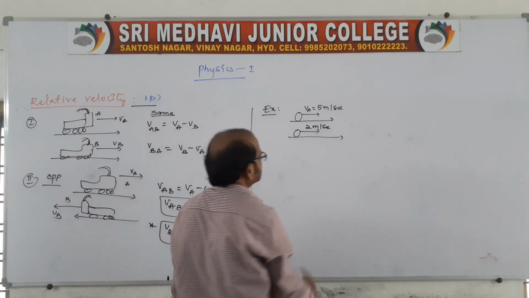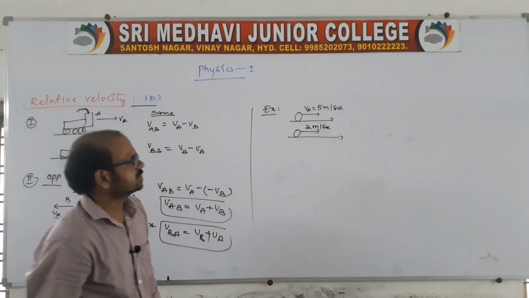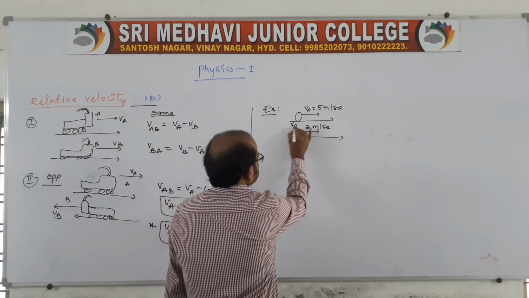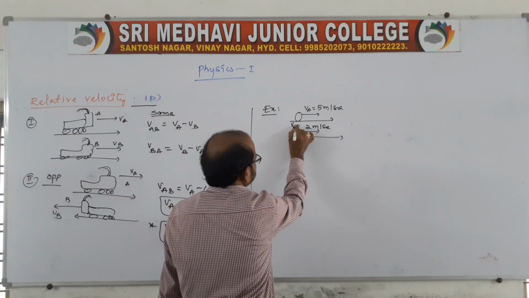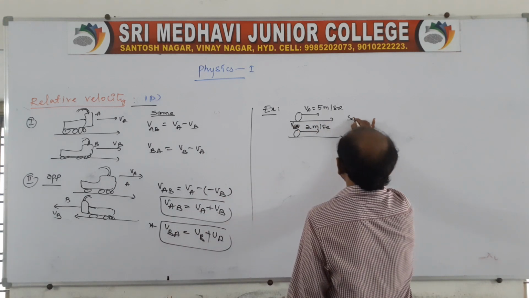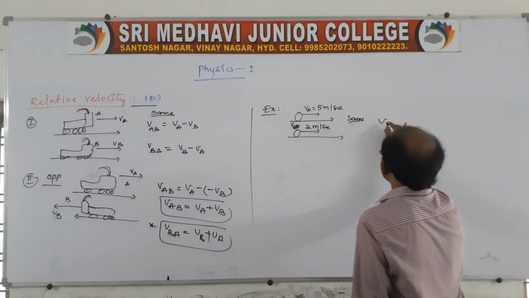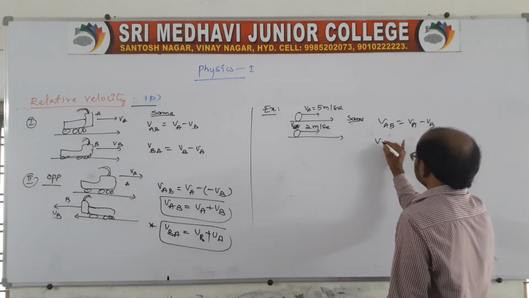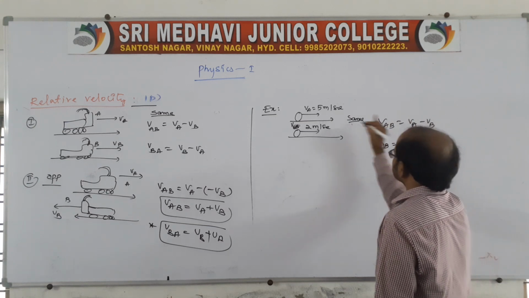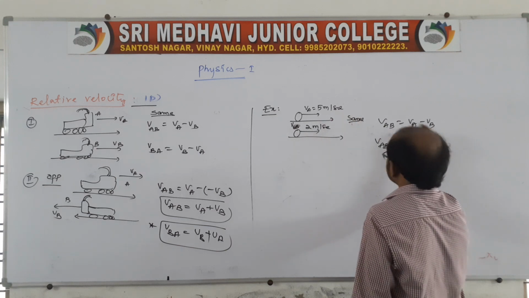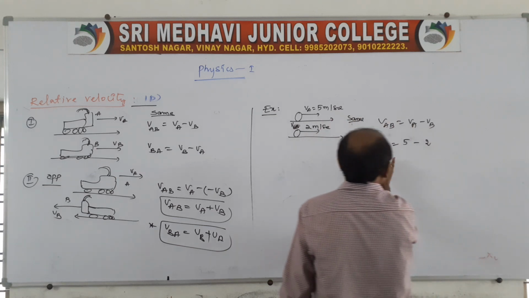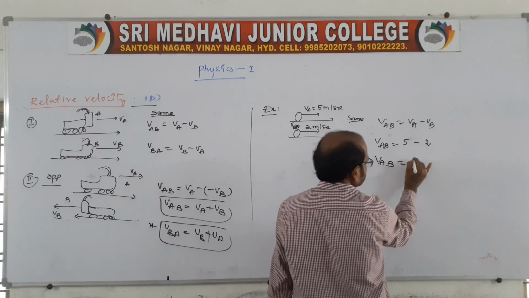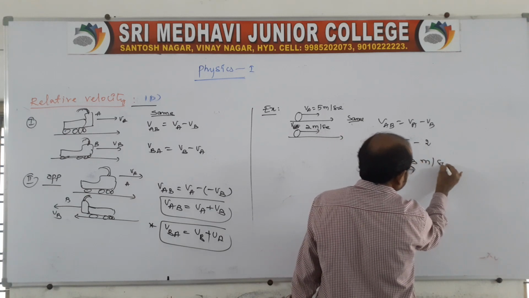Find the velocity of A with respect to B. Both are in the same direction, so VAB is equal to VA minus VB, that is 5 minus 2, so A with respect to B is 3 meter per second.